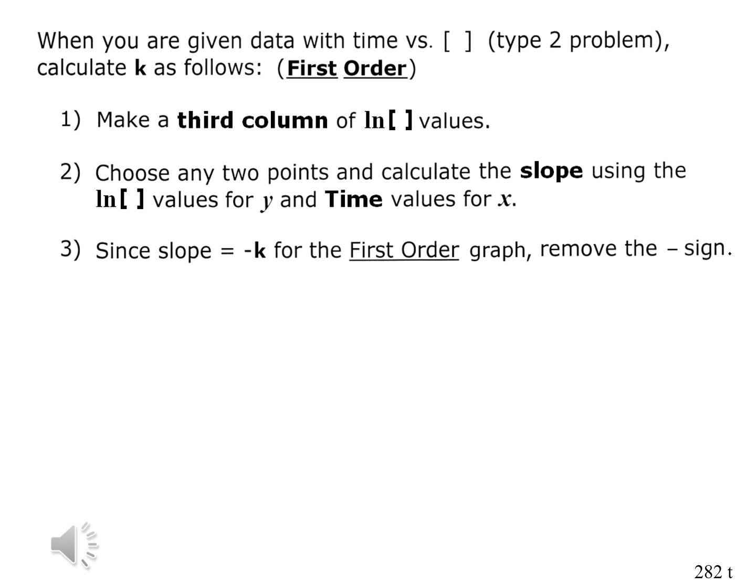If you're given time data and you're asked to calculate k, you first make a third column of ln's. This is for first order. We're going to show what you do for second order later. You choose any 2 points and calculate the slope and take off the negative. That's all you have to do to get the k value.